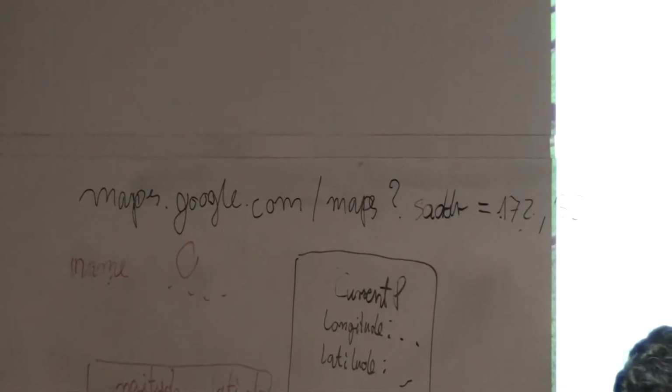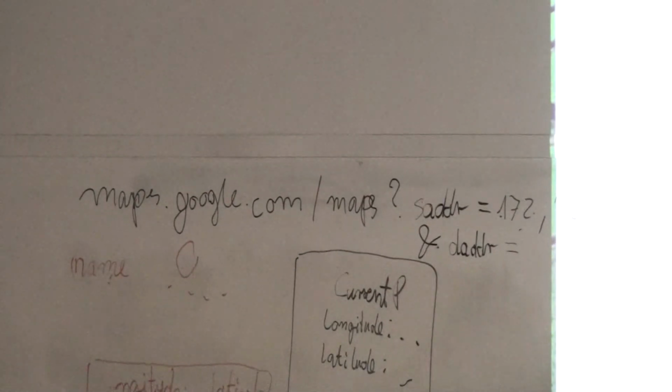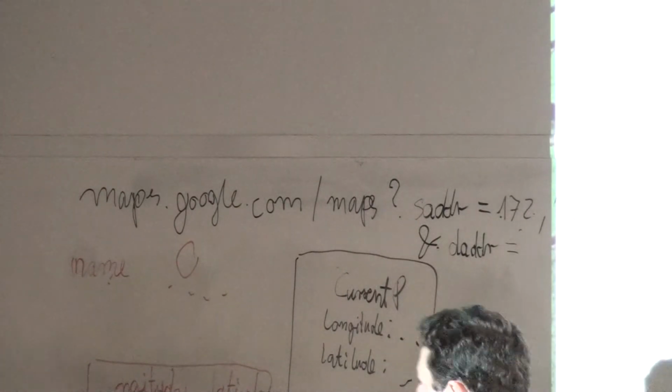Okay? And additionally, in the same line, I also want to set the destination address, which is DADDR. Okay? And this will be equal to what? To our retrieved values from the database under the tag name for our place where we want to go, right?